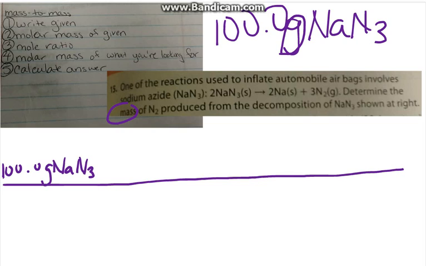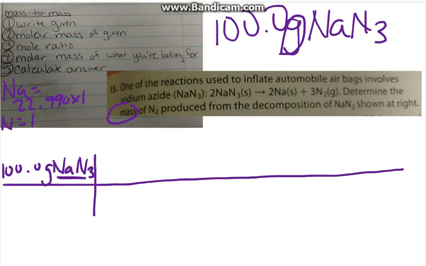Remember, this is going to be your really long one. Make sure you have plenty of room. I wrote my given. Then the next step, number 2, says the molar mass of the given. I have it written on your test, molar mass of the given, so that way you don't get confused. So I'm going to find the molar mass of this. I look on my periodic table, and I know that the mass of Na is 22.990, and I have one of those.